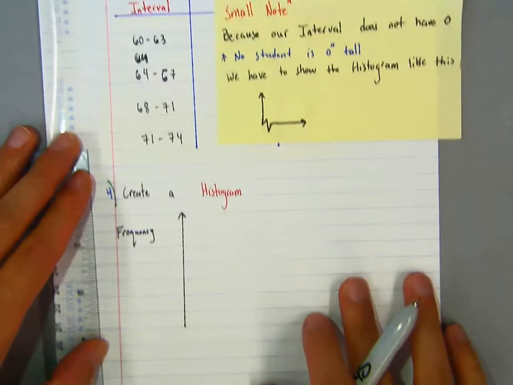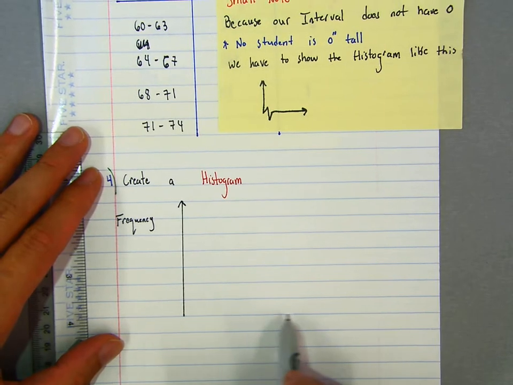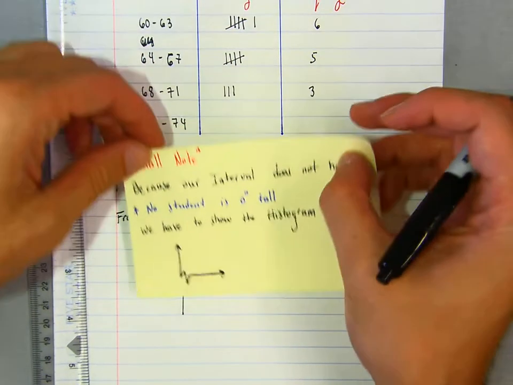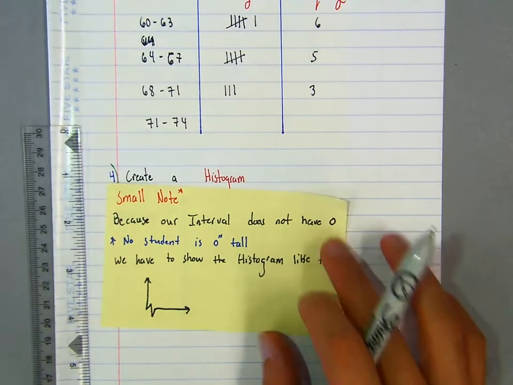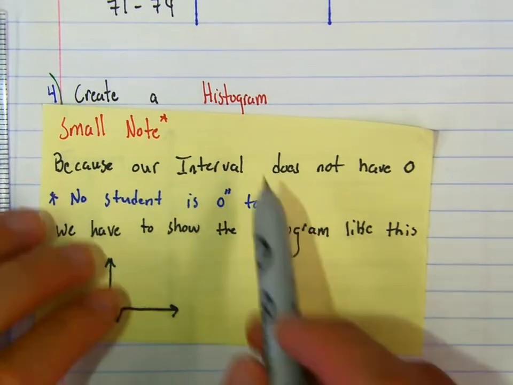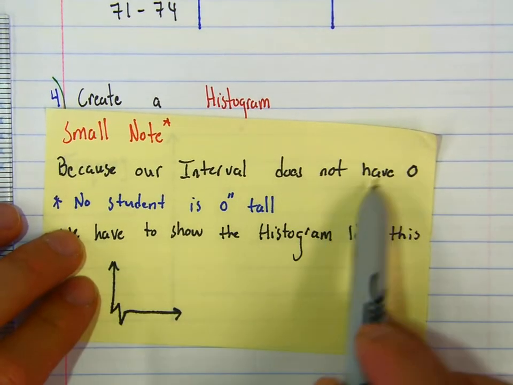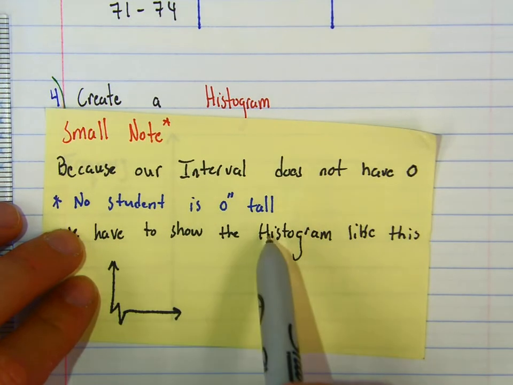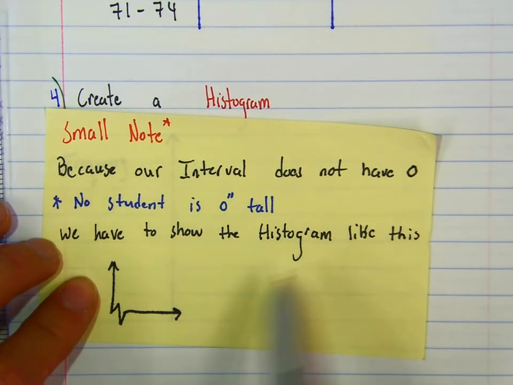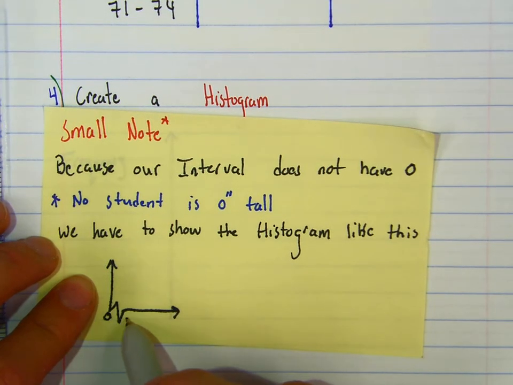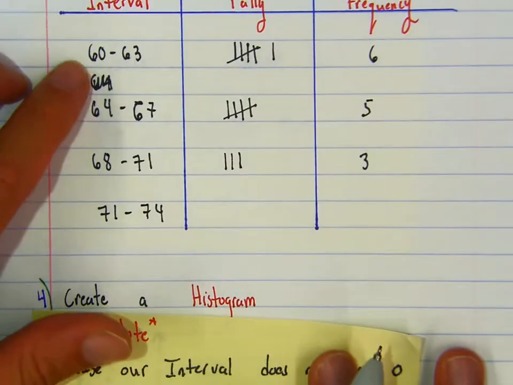Now, pause. If you drew a line like this, there is one thing I forgot to show you yesterday. Let's take a look at this. Small note: because there's no 0 within our interval, because there's no student that is 0 inches tall, we have to show the histogram like this. 0 goes here, but there's nothing in between 0 and 60.